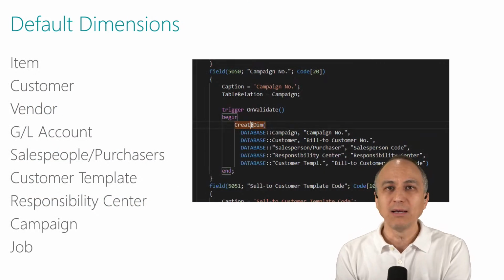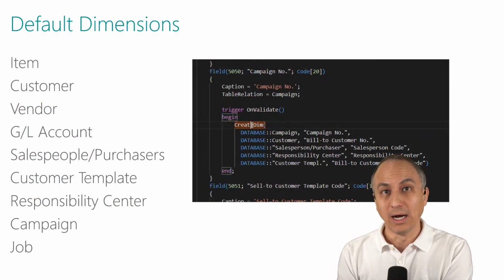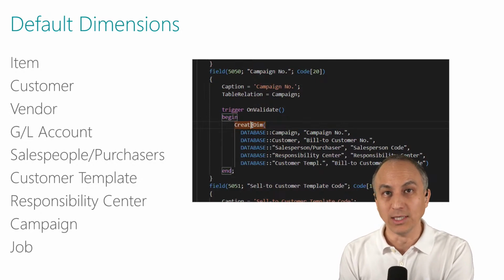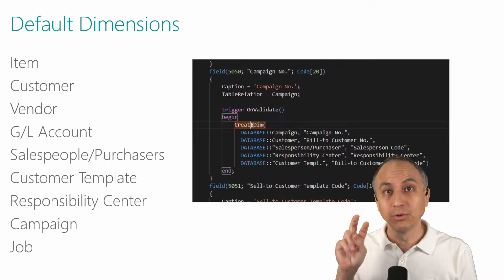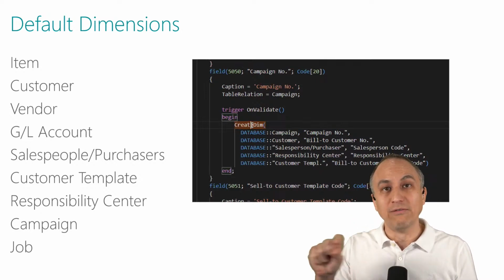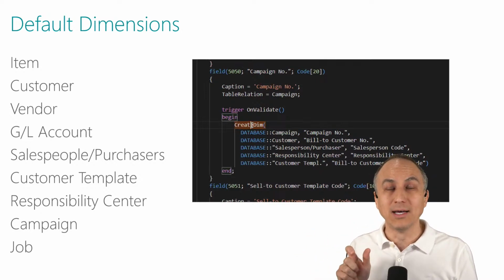So if I am entering a new line item on a sales invoice, the two shortcut dimensions or two global dimensions are available as fields on that line item.